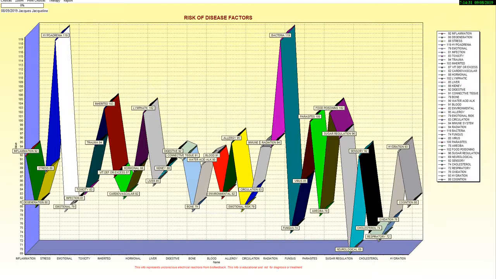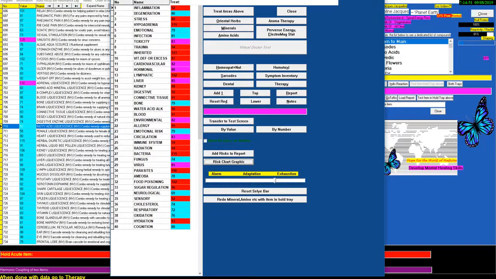I look at the highest peak and the bottom peak. The bottom will be more chronic, and here the chronic is neurological. So this is something that I know, but it is interesting because now I could do therapies and work on that, okay?